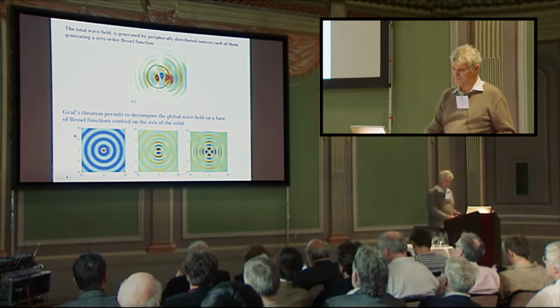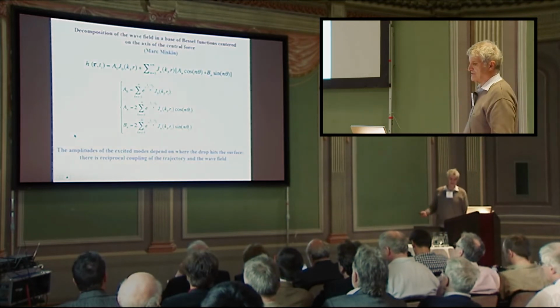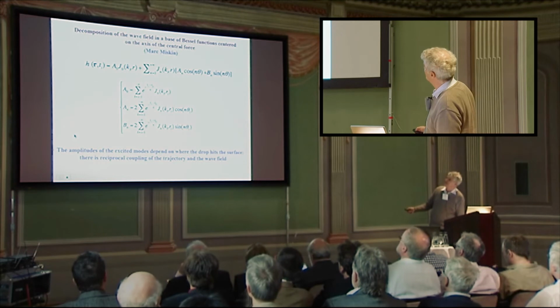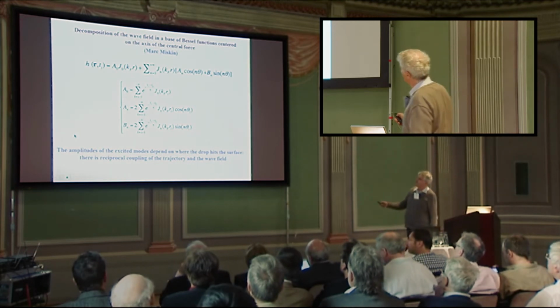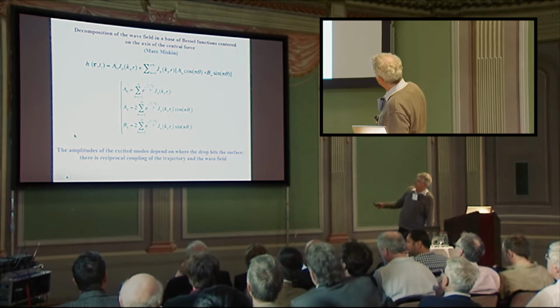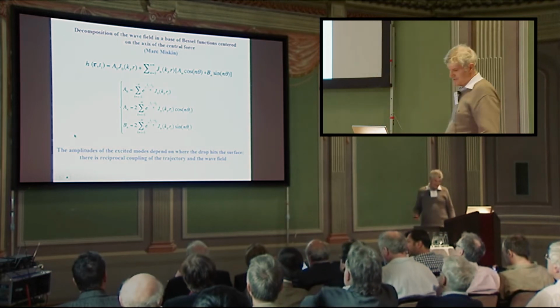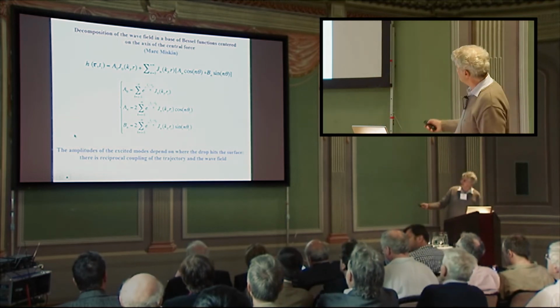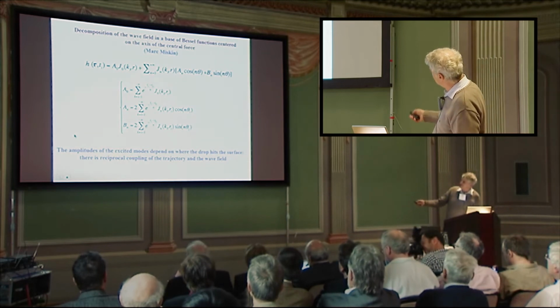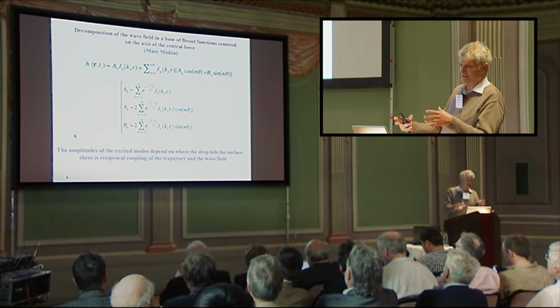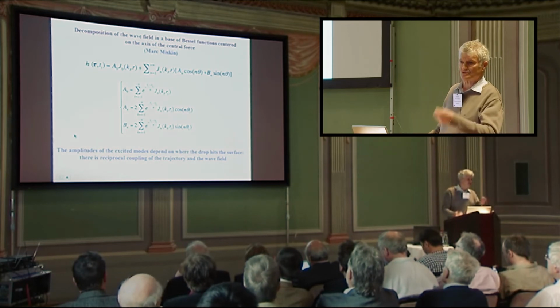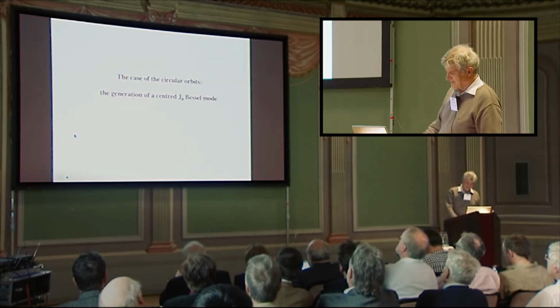And this is possible because there is a theorem by Graf that permits to project Bessel functions from one center to the other, with the result that you find that in this system, the amplitude of the central waves which will be excited depends on where you bounce.